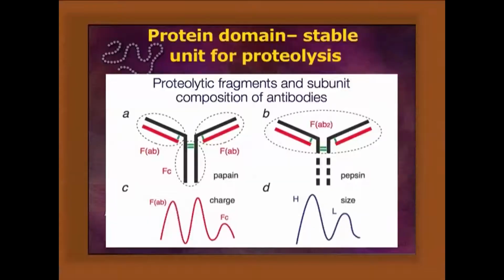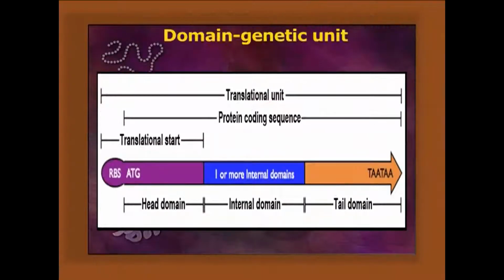Let's talk about the characteristics of the domain. First, it is a very stable structural unit, so it can be taken for proteolysis. A structural unit, so it can be taken for X-ray analysis. A very important genetic unit, so the protein sequence, the amino acid sequence, can be compared with the DNA and RNA sequence also.